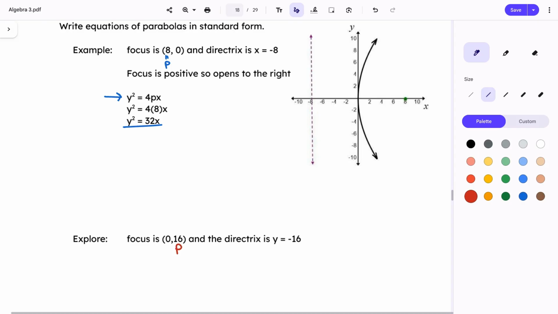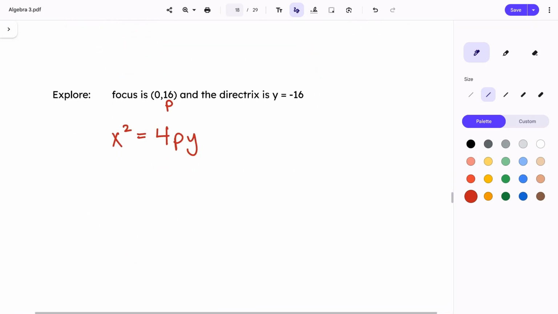So if it's in the y-coordinate, that means you have to start with x squared. So it'd be x squared equals 4py. What's my p value? Remember, it's just the number that comes from your focus. So 16.